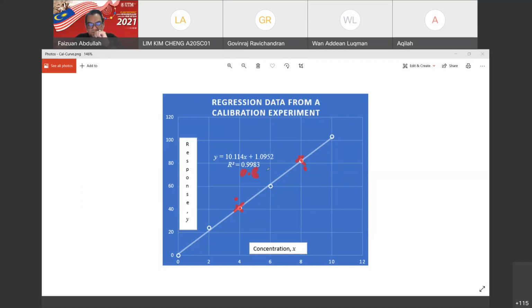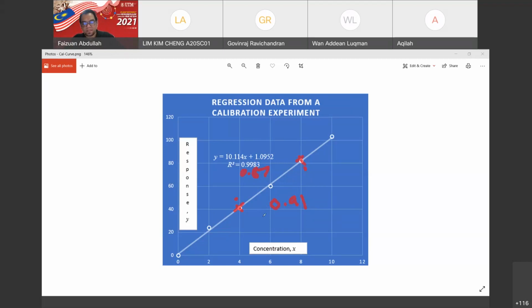This is only for example, maybe 0.91. It will affect the value of R square when the points are outside of the straight line.